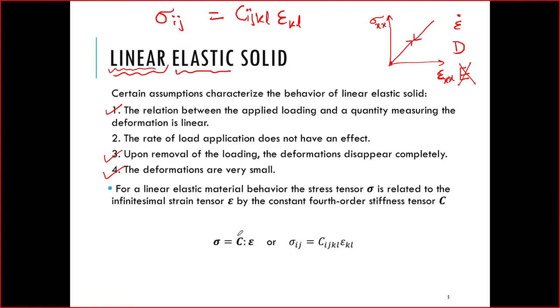Okay? This is the 3D version of our familiar Hooke's law, the sigma xx equals E epsilon xx that we write. That is the 1D Hooke's law that we described.